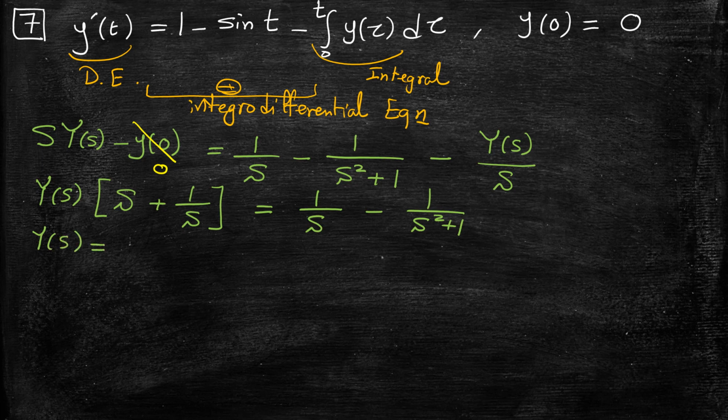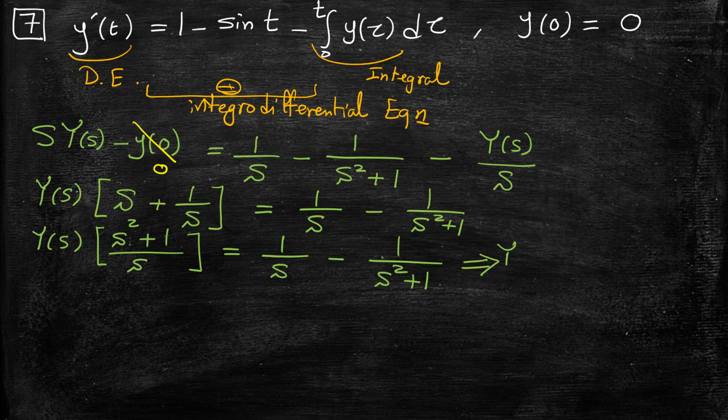This y of s, make it in 2 steps. It will have this s squared plus 1 divided by s, and we'll have here 1 over s minus 1 over s squared plus 1. So again, this y of s will be equal to 1 over s squared plus 1.